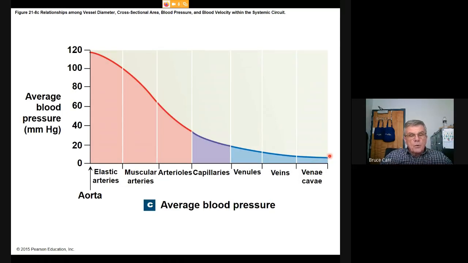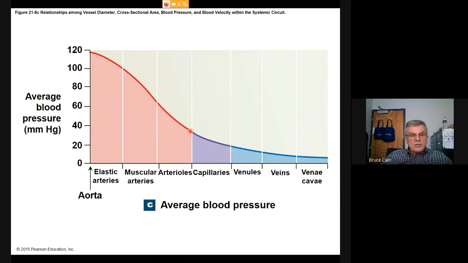Now, these physical properties will work on the blood pressure. The exit pressure, there's that systolic pressure, 120 millimeters, and it's decreasing as we start to branch through the elastics and through the musculars. And we still have a significant blood pressure in the 50 millimeter range in the arterioles.